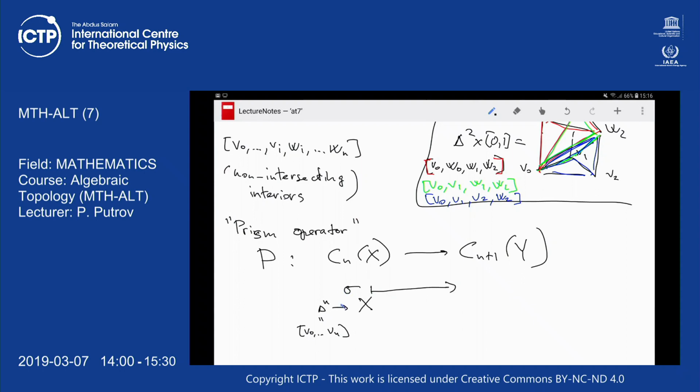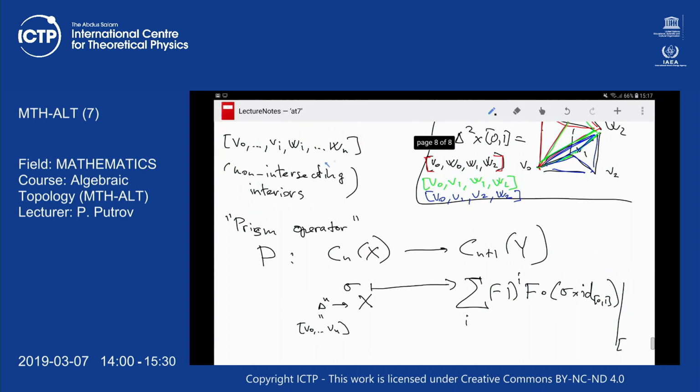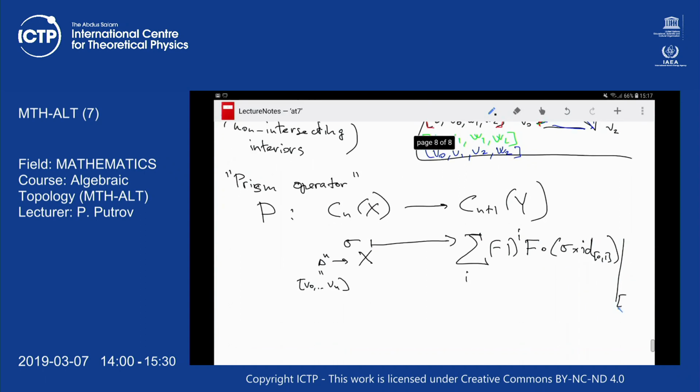And this sigma is mapped to the following sum: the sum over i of minus 1 to the i, and then I take a composition of F with sigma times identity acting on the interval, and then I restrict this to one of the n plus 1 simplices as here: V0 to Vi, Wi, and so on till Wn.